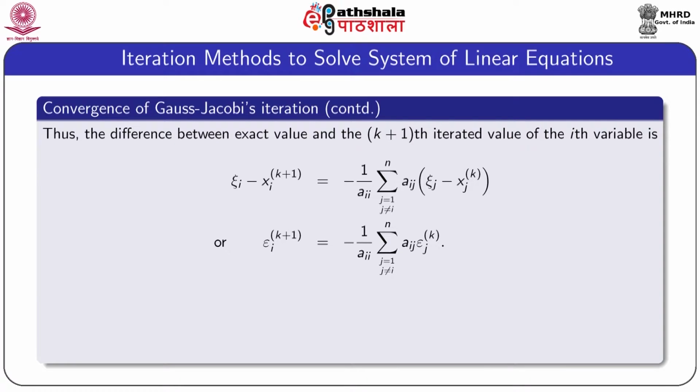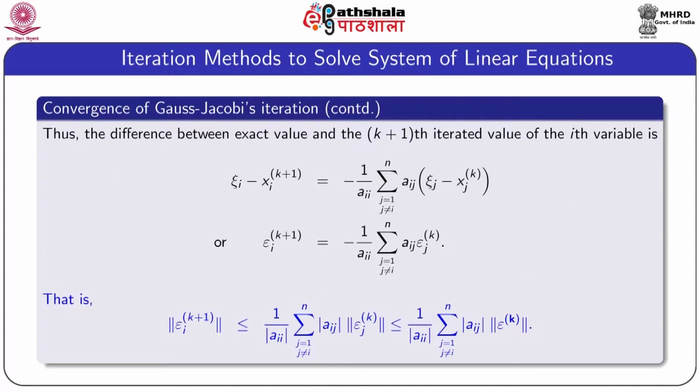So, we write xi minus xi^(k+1) as epsilon_i^(k+1), that means this is the error occurred at the (k+1)th iteration for the variable xi, which is equal to minus 1 by aii summation over j equal to 1 to n, j not equal to i, aij epsilon_j^k. So, this gives the error expression at the (k+1)th iteration, and that depends on the error occurred in the kth iteration.